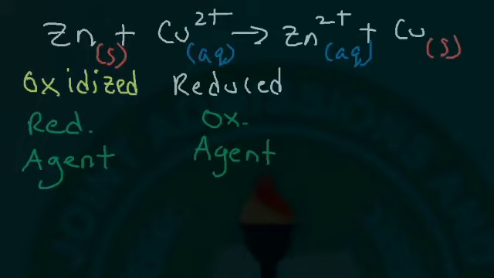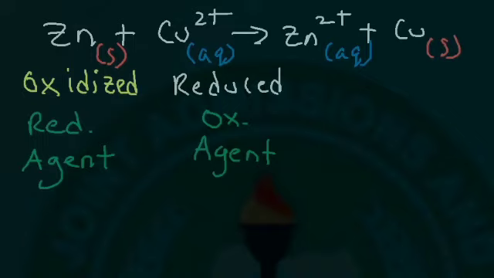And the copper 2 plus is the oxidizing agent because it causes the other substance, zinc, to be oxidized. And so that's why you have to reverse them. So just so you know, metals are usually good reducing agents. And metal ions sometimes could be decent oxidizing agents.